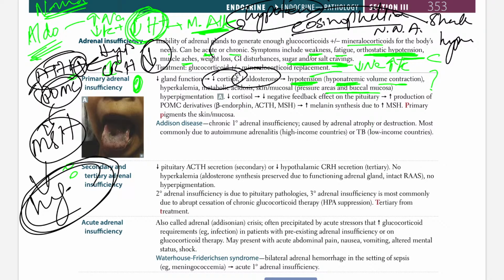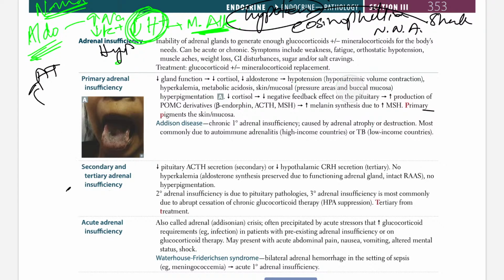And these are the functions specific to each hormone, and that is mentioned also here. Hyperpigmentation, you can see in the picture. And then you have a decrease in cortisol leading to a decrease in negative feedback effect on the pituitary, increased production of POMC derivatives, which are beta endorphin, ACTH, and MSH, causing an increase in melanin synthesis due to increase in MSH, primarily pigmenting the skin and mucosa.